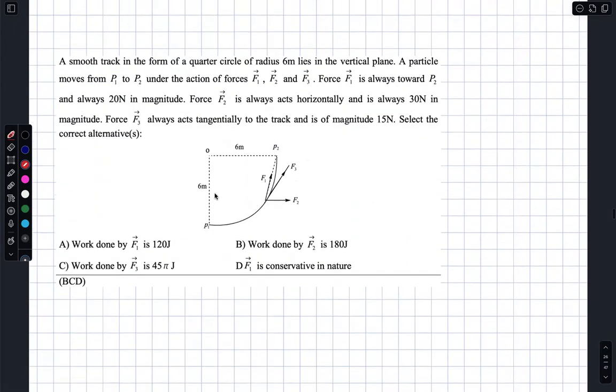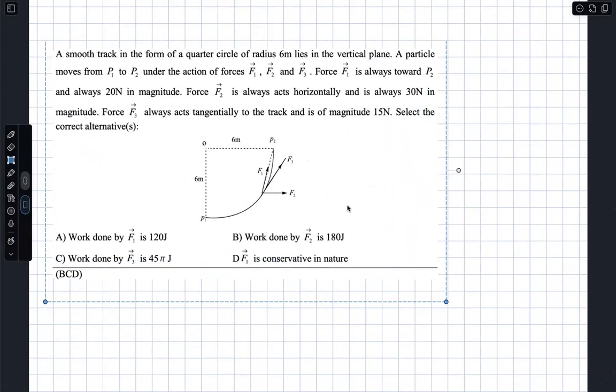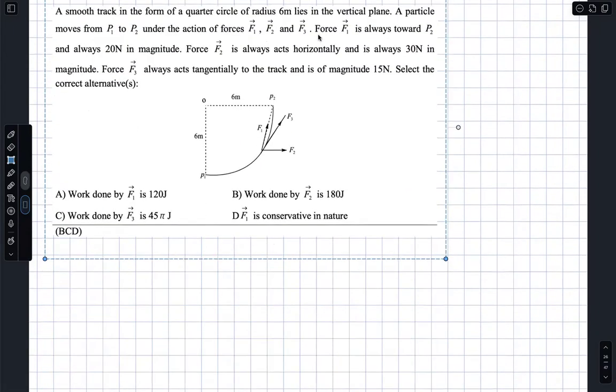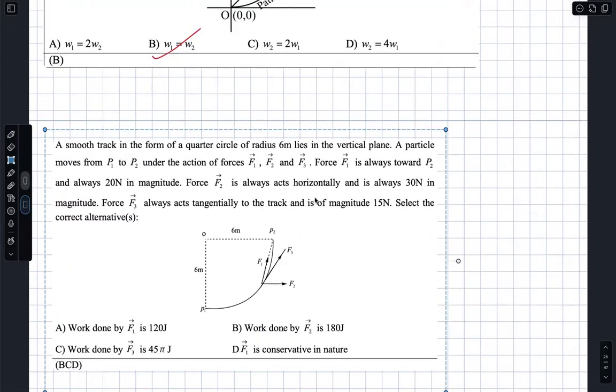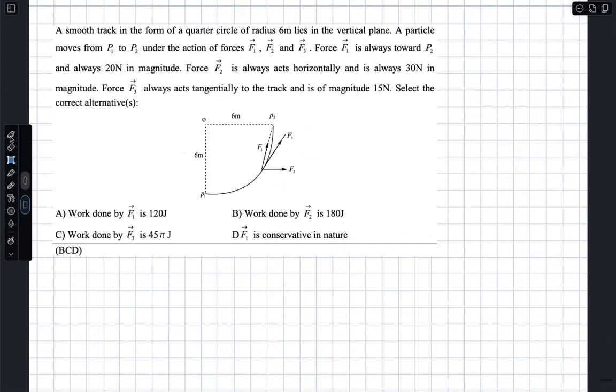Next aspect. We have already done this model at the beginning of our classes. Remember, this is a previous IIT question also. There are three forces involved. A smooth track is in the form of a quarter circle of radius 6 meters, and lies in a vertical plane.